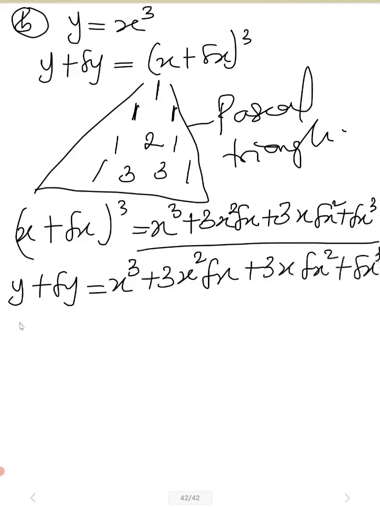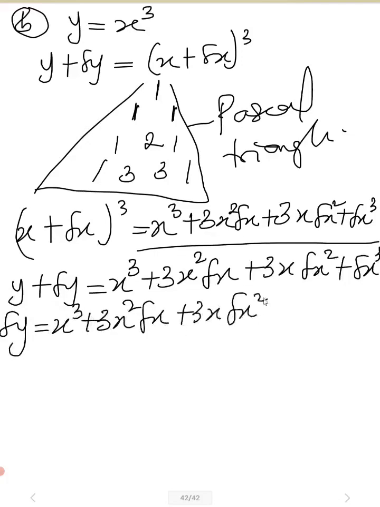So you now have y is equal to s cube plus 3s squared dx plus 3x ds squared plus ds cube minus, what is the value of y? It is s cube.